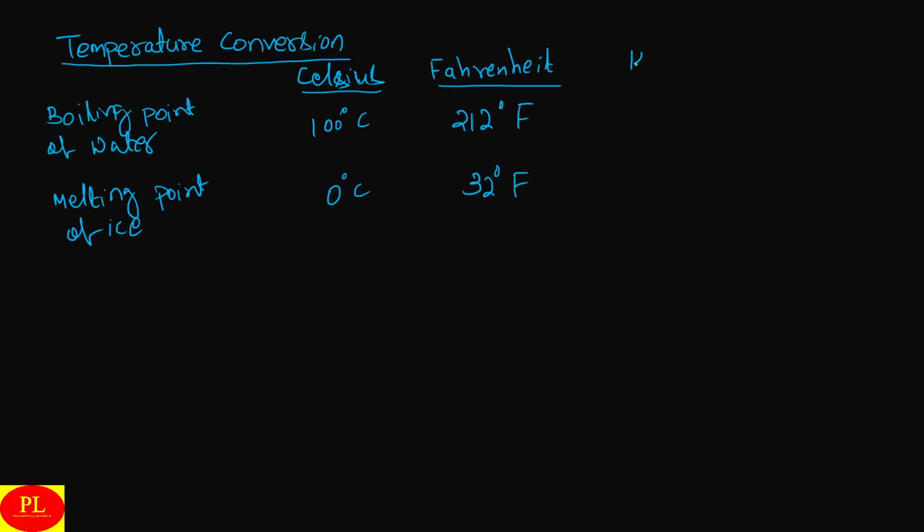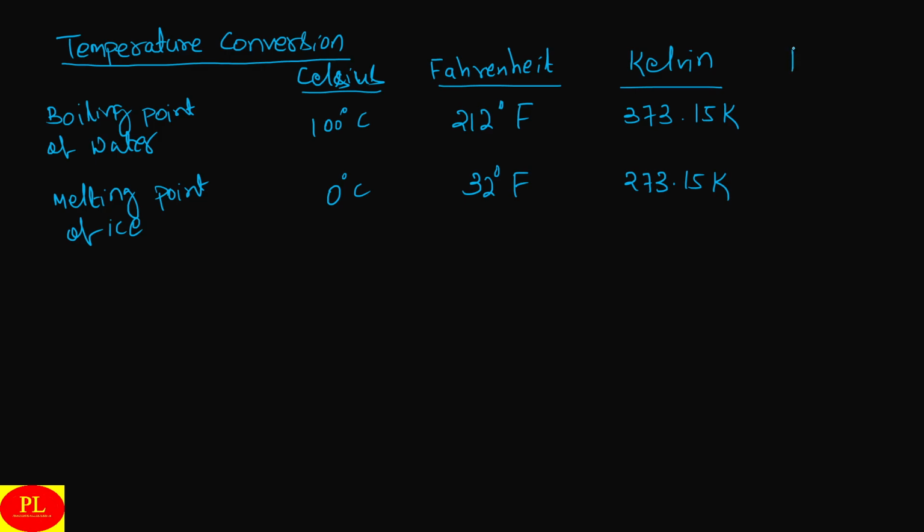Similarly, in Kelvin scale, the melting point of ice is 273.15 Kelvin and the boiling point of water is 373.15 Kelvin. Mark this, there is no degree symbol in Kelvin scale.